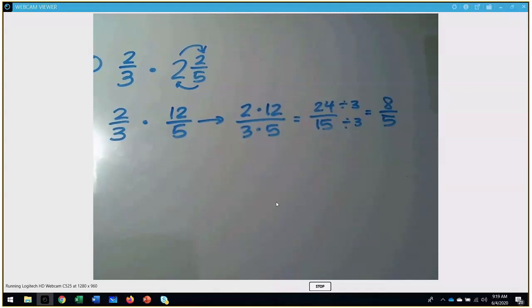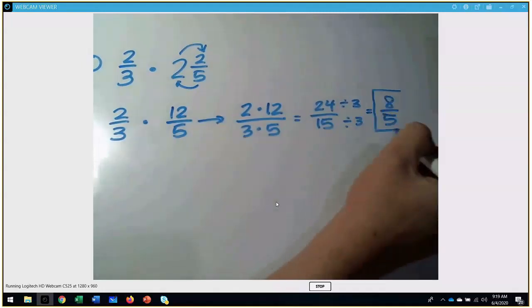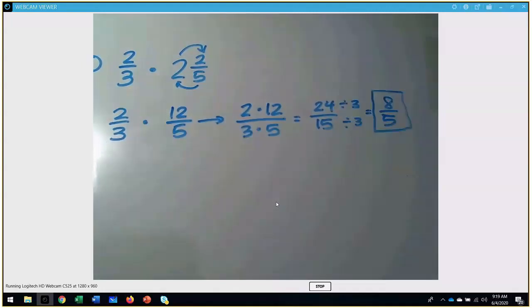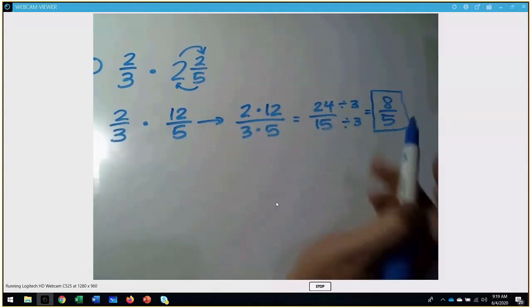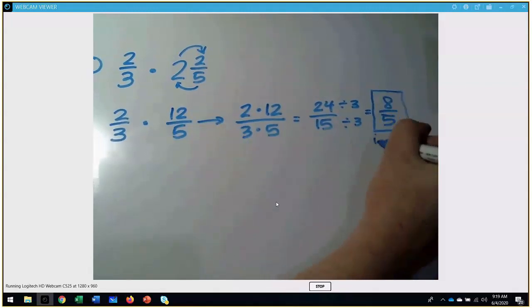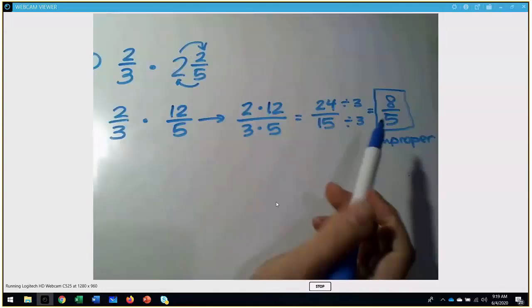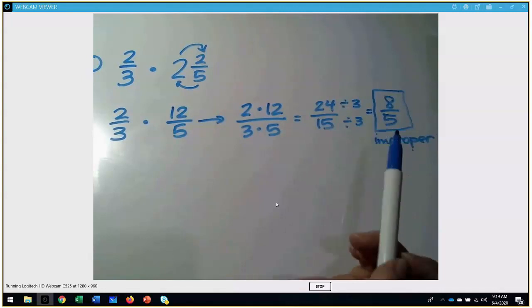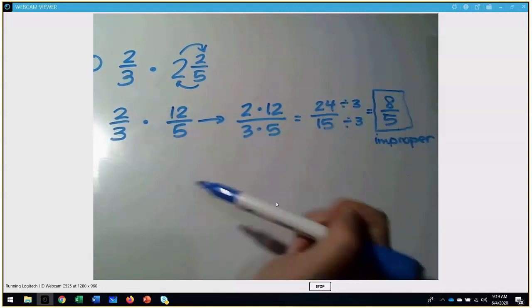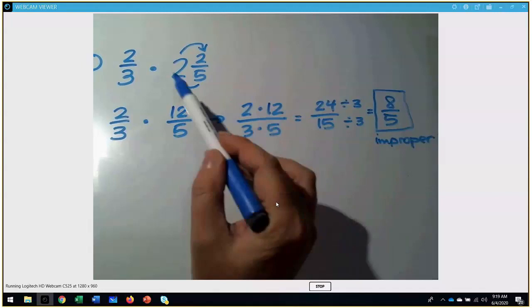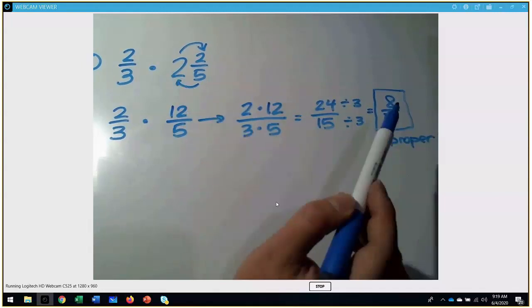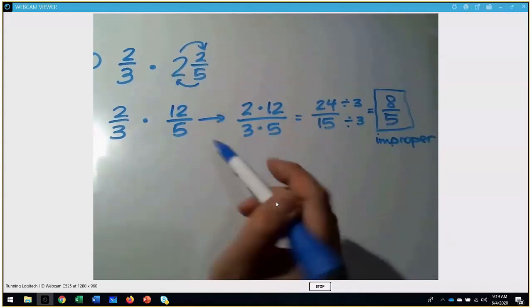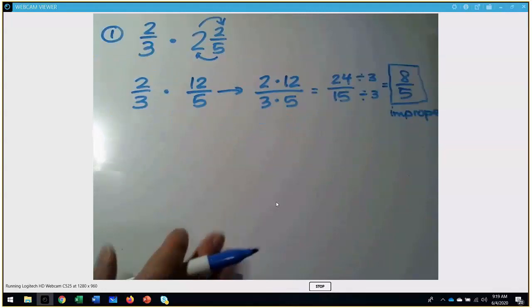All right, so my answer is 8/5, which is improper, and it's fine. But what if they wanted this as a mixed number? We haven't talked about how you go back to a mixed number yet. We talked about how you go from a mixed number to improper, but not the other way around. So let's step aside real quick and talk about that.